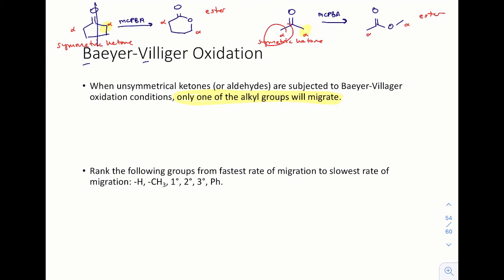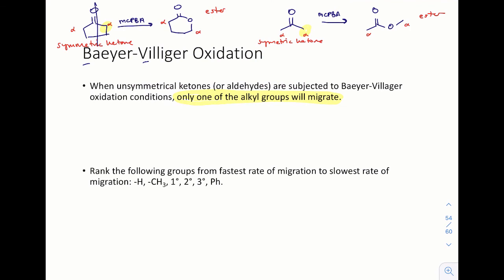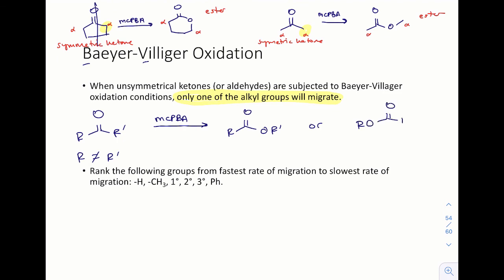So the two R groups are the same. They're not going to be the same for an asymmetrical ketone. That's kind of why it's not symmetrical, because the R groups are not the same. So you can imagine that upon oxidation, either R prime could migrate or R could migrate.